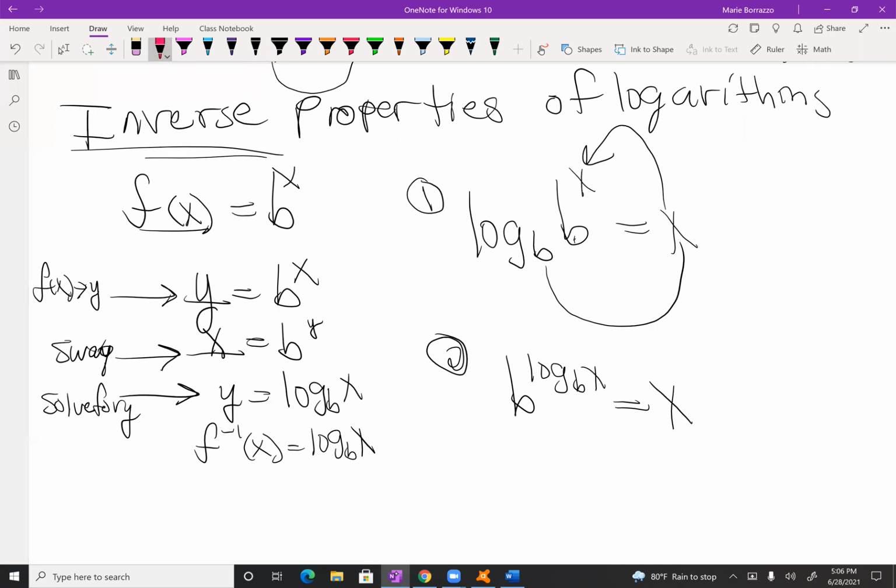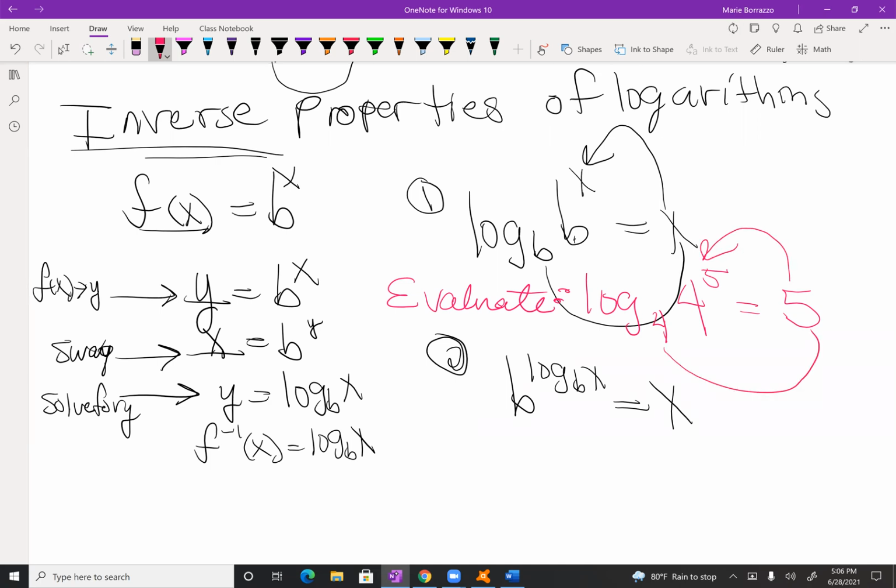The example that will tie to this one would be example 5, where they ask you to evaluate log base 4 of 4 to the 5th power. Well, that answer would have to be 5, because 4 to the 5th is equivalent to 4 to the 5th.